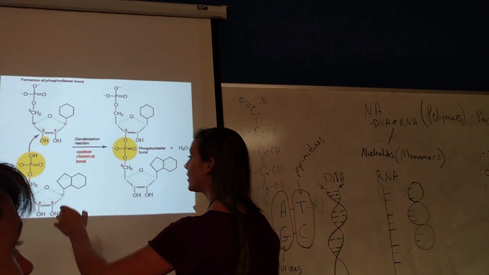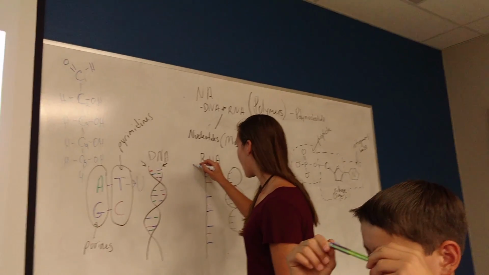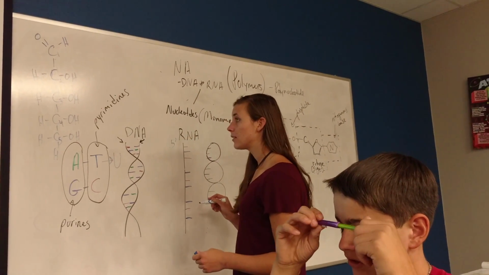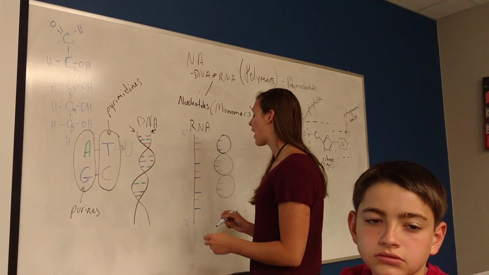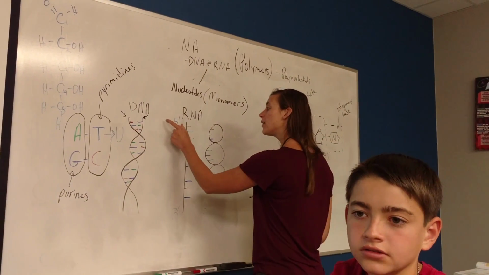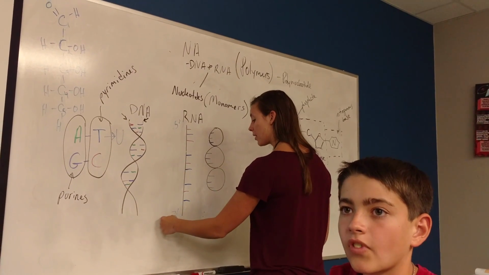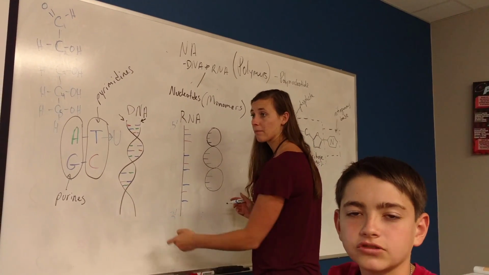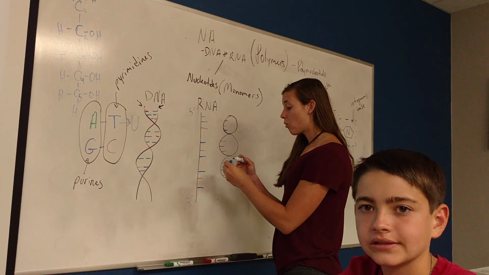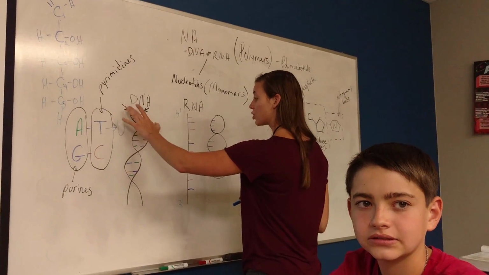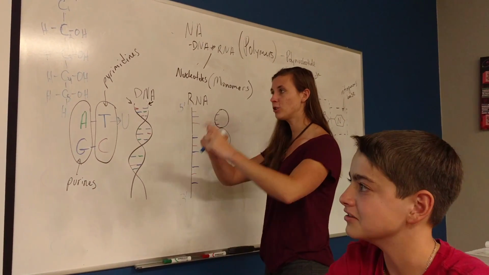When it's oriented like that, we say that this end is the 5' end, and this end is the 3' end, indicating that the 5th carbon of our ring is at the top, and the 3rd carbon of our ring is facing the bottom. That's all that it's referring to. Now, when we're double-stranded, those alternate.